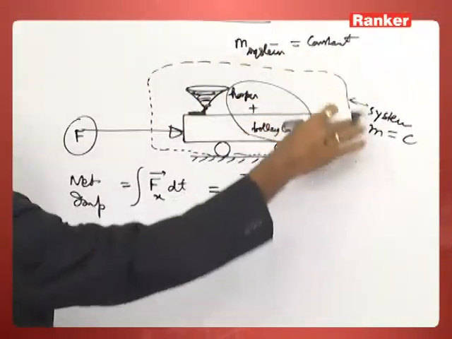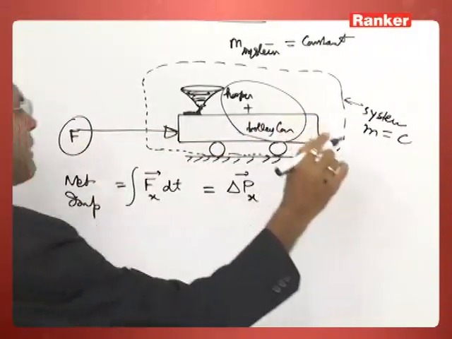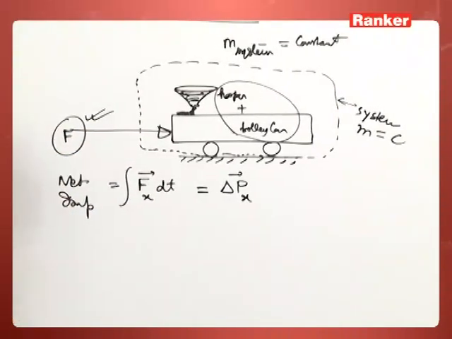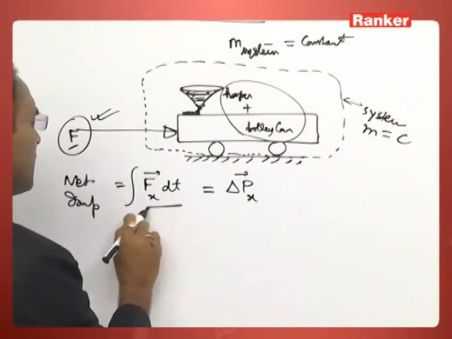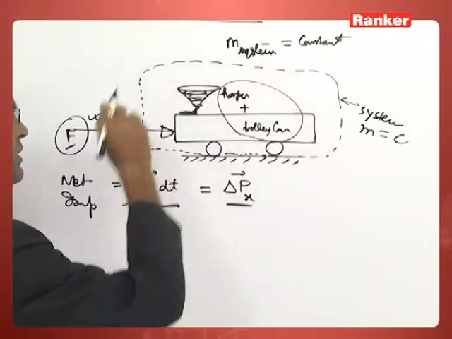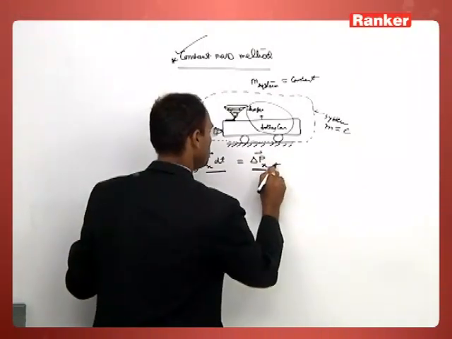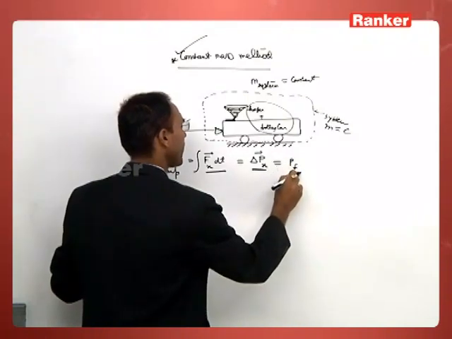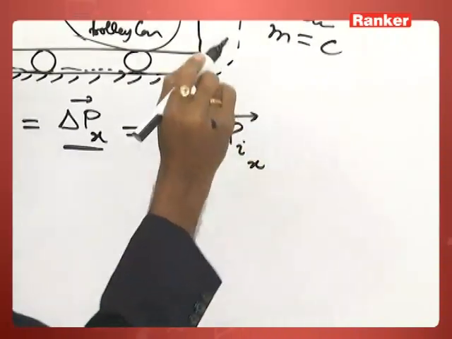Hence, the net force acting on the system along the horizontal direction or along the positive x direction is plus F. So, impulse of this net force is equal to change in momentum of the system along x direction. This is equal to final momentum of the system along x direction minus initial momentum of the system along x direction.